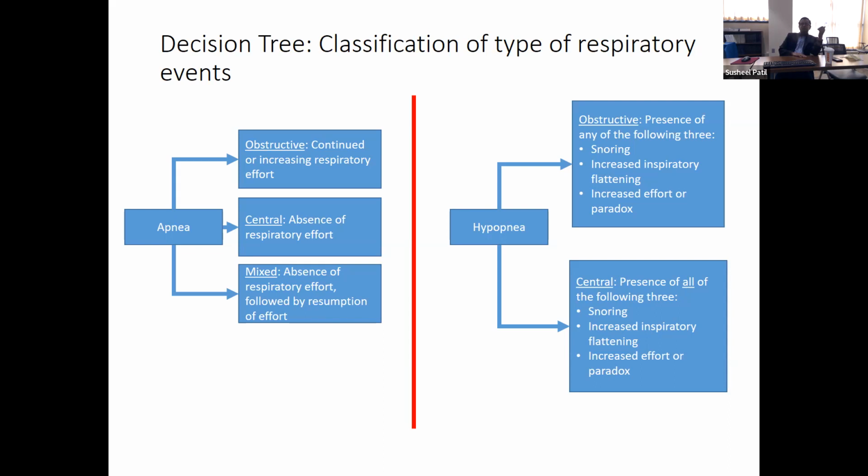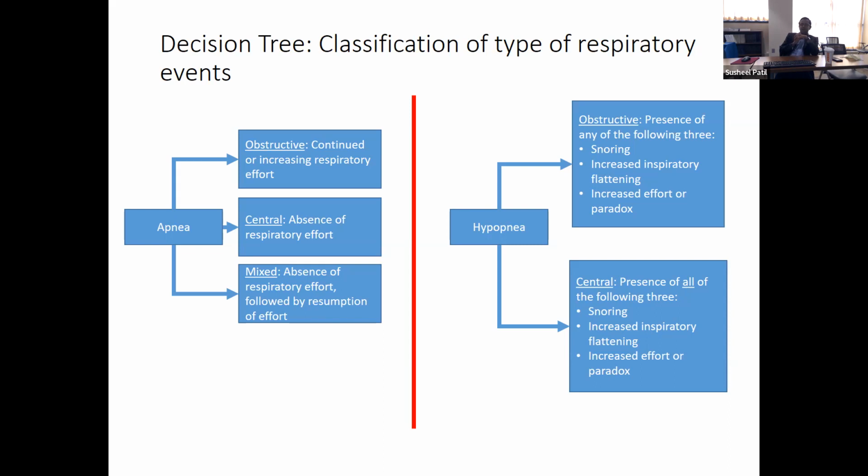From an obstructive hypopnea standpoint, you have to have any of the three present: snoring, the presence of inspiratory flattening or what we call flow limitation, or the presence of increased effort or paradoxical breathing.